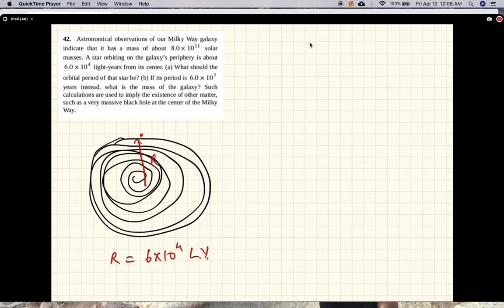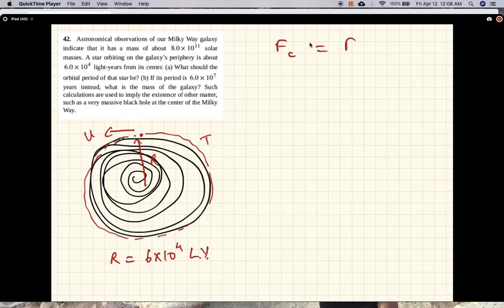And they're asking you what its period should be.